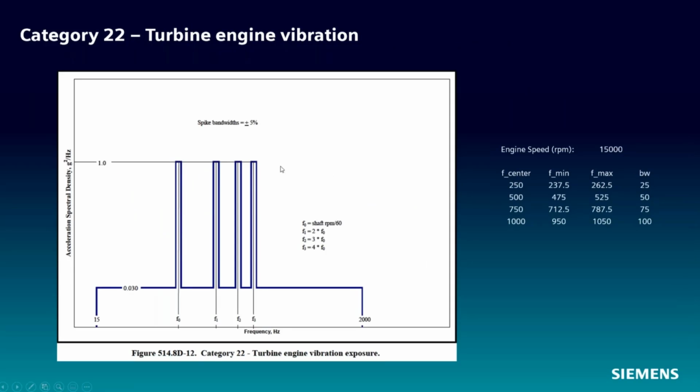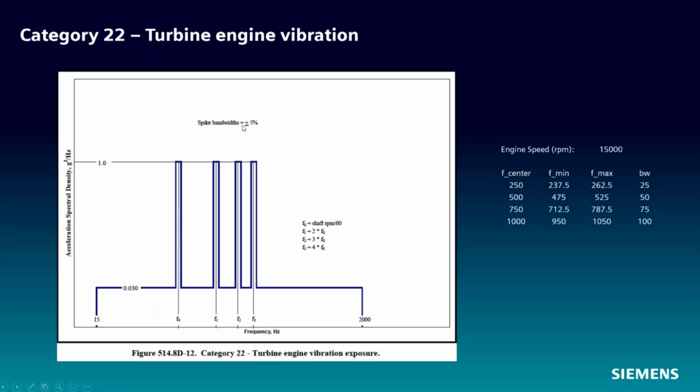The other test we're going to define is category 22 turbine engine vibration. And this is a narrowband random on random test, which is defined here. And these narrowband center frequencies are defined by the main engine rotation speed and then the harmonics of that.